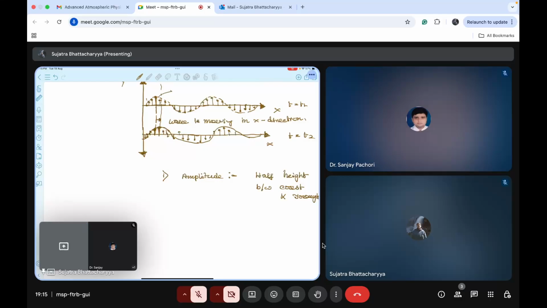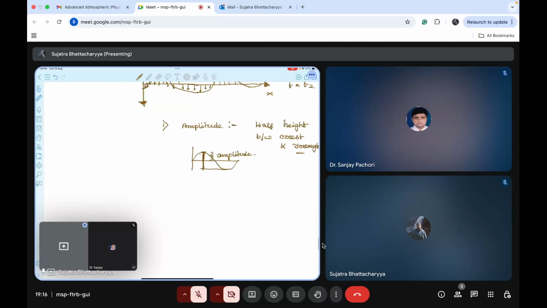The maximum is crest, the minimum is trough. So half height between the maximum and the minimum. If you have this, this is the height of the crest and this is the height of the trough. So half height, this is the amplitude.